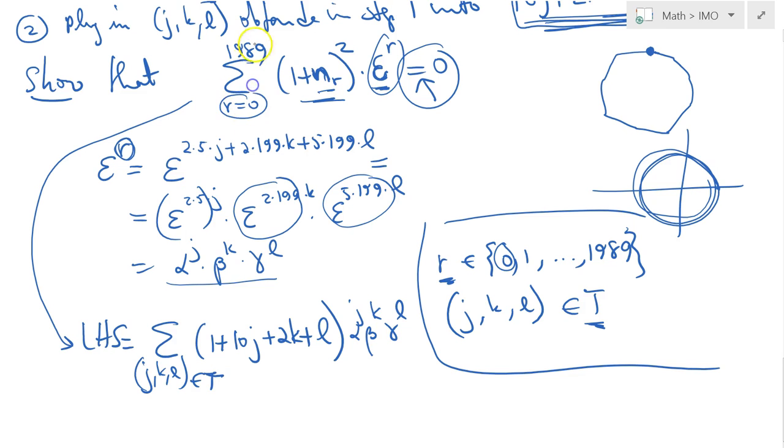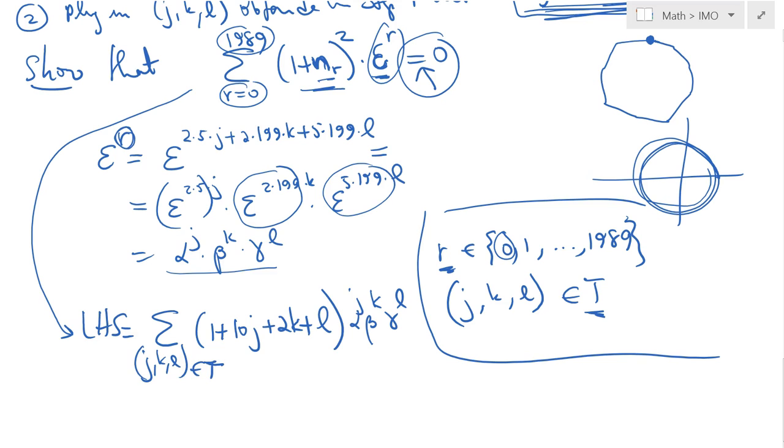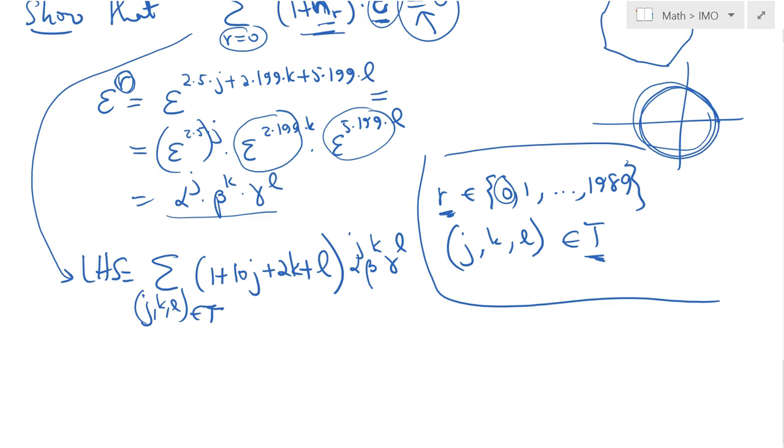So the boundaries of the summation sign have changed now, because for each r we can uniquely find a triple in t that satisfies this. Now all that's remaining is to show that this is equal to 0.